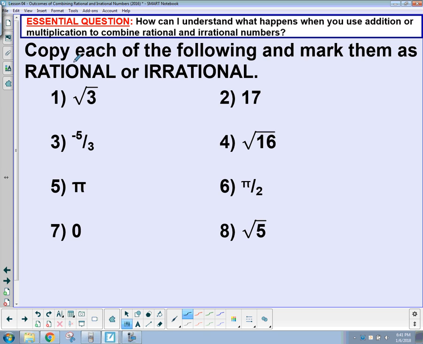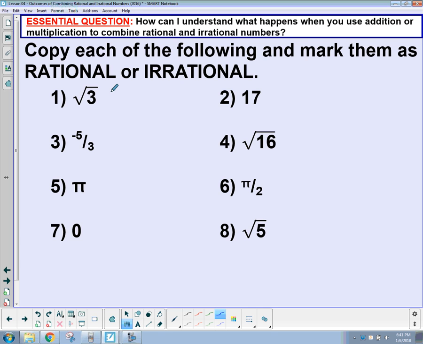Copy each of the following and mark them as rational or irrational. Now remember, rational numbers can be written as fractions. Their numbers will have a terminating decimal or a decimal that has a repeating pattern, like 0.333 or maybe 45 repeating.